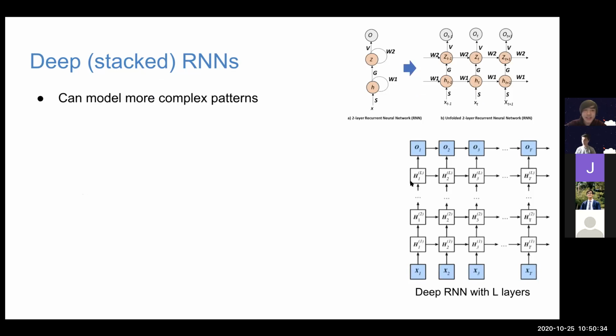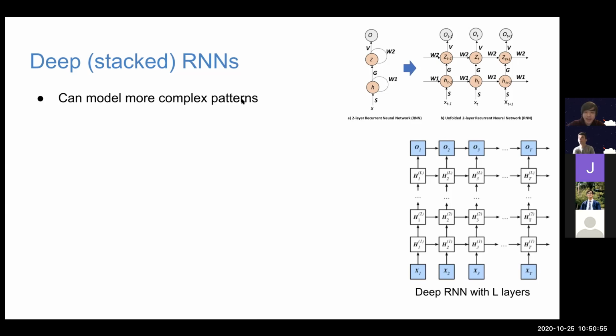So, stacked RNNs. The plus side to this is that it can model more complex patterns. The only way to make a single RNN cell more complex is to increase the size of the hidden state. But there's a limit to that, and increasing it past a certain point isn't going to do much for you. So the solution is to stack them.